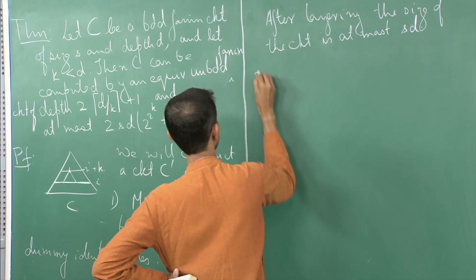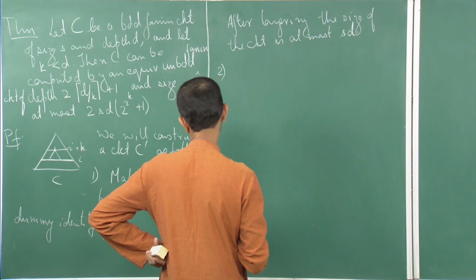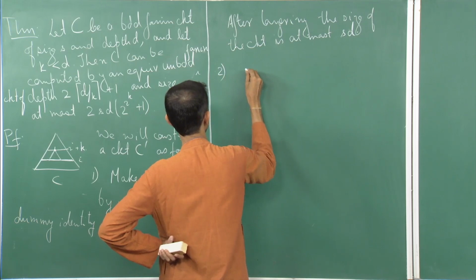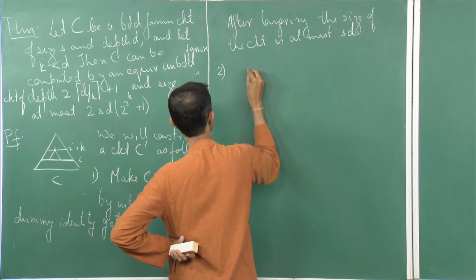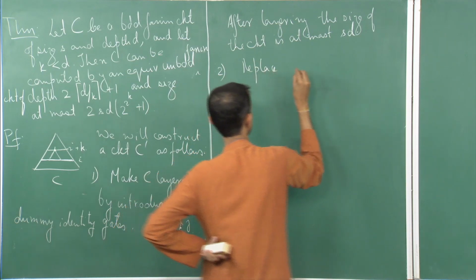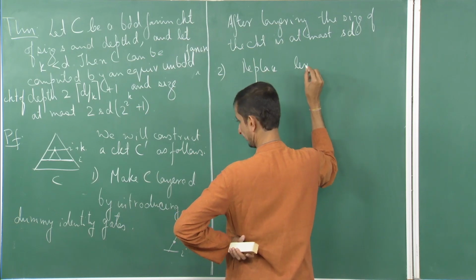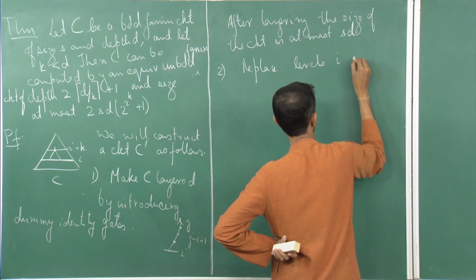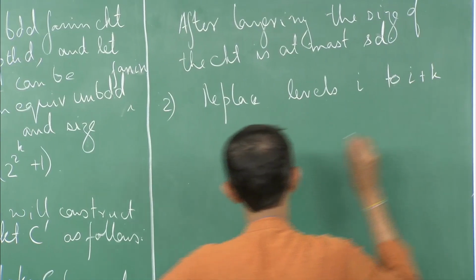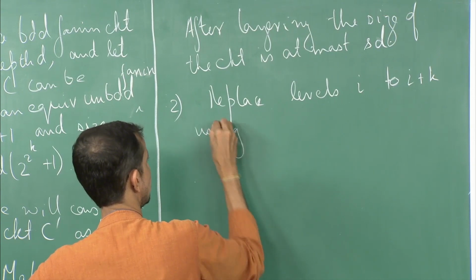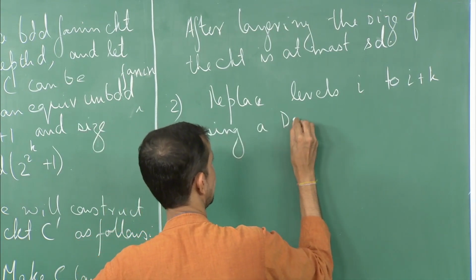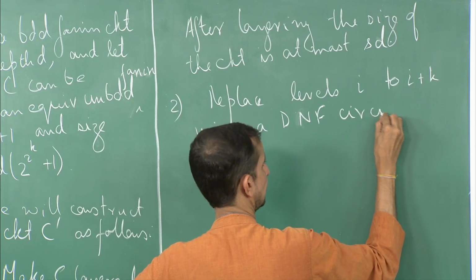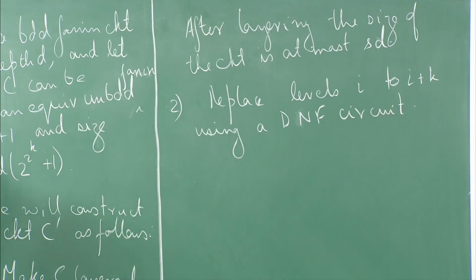Now, what I will do is replace levels i to i plus k using a DNF circuit.